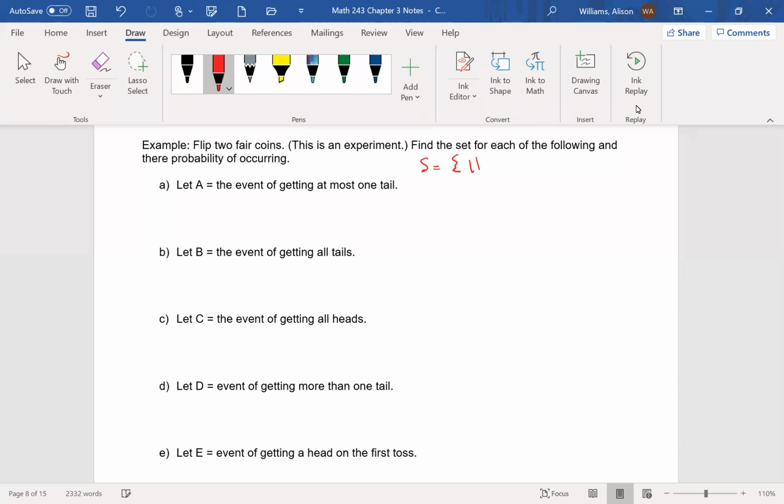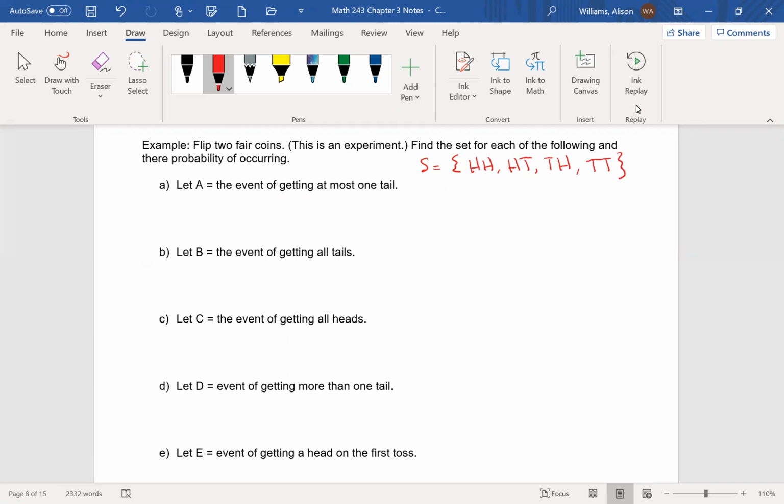We are looking at maybe we get two heads. Maybe one heads, one tails, and the reverse of that could possibly be true, and tails, tails. Okay, so those would be the possible outcomes. So A is the event of getting at most one tail. That phrase "at most" means that you could have one tail, but you could possibly not.